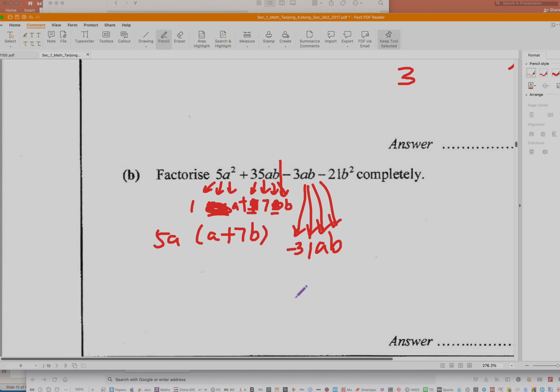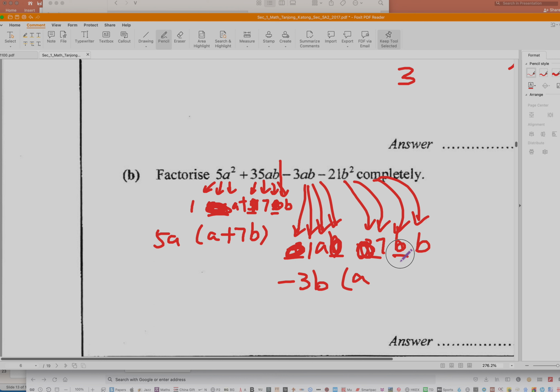So in order to get a plus, you must take out minus 3. Then for that you take out minus 3. Then 7, then b and b, right? So what's common? Minus 3b. So it's a plus 7b. So in a way, the answer is 5a minus 3b.